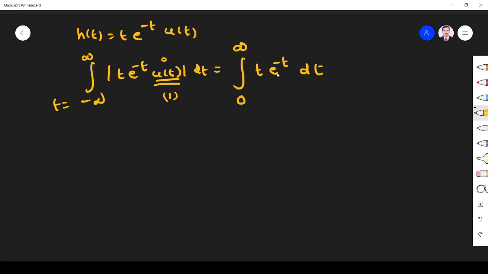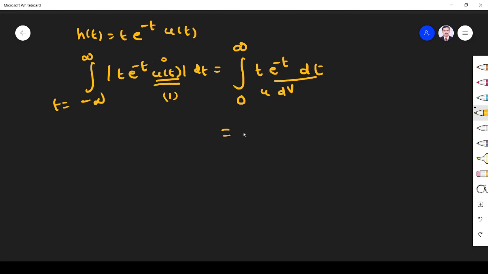Okay. Right. Now we integrate from 0 to infinity t into e power minus t. What will happen? We have to integrate using the u dv formula. So this is u and this is dv. How can you integrate u dv?